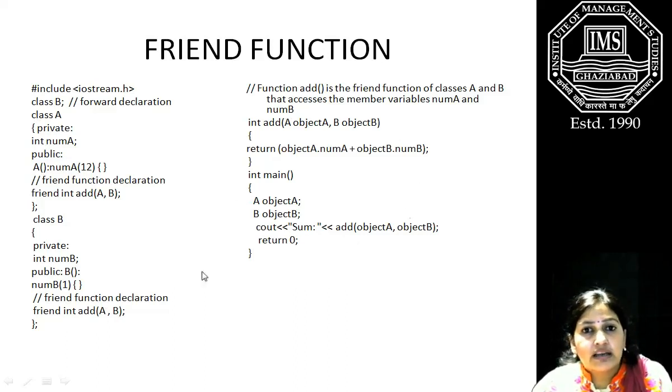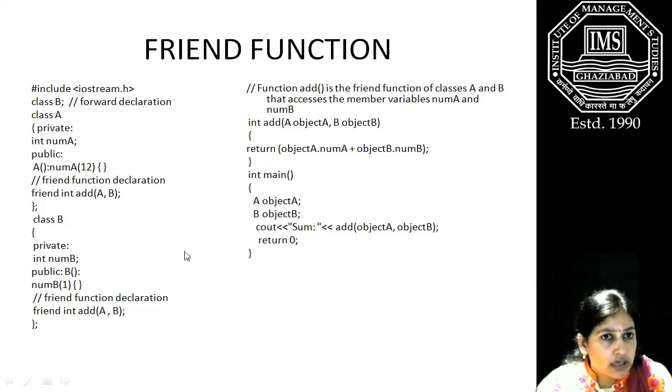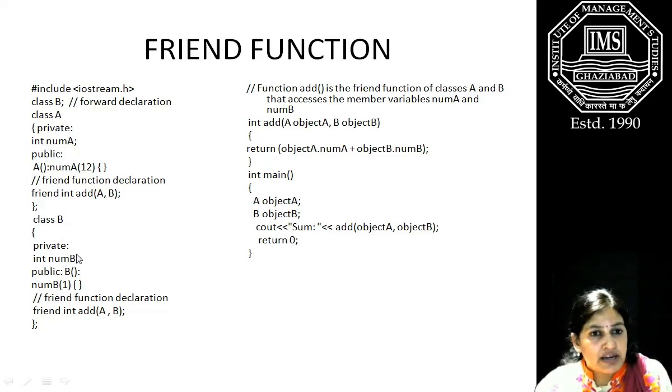Then we are declaring the friend function inside both classes and then defining the add function with object A of class A and object B of class B, returning the addition of numA and numB, where numA is the private member of class A and numB is the private member of class B. That means our add function is accessing the private members of both classes, numA and numB, which are not visible without making it a friend of both the classes.